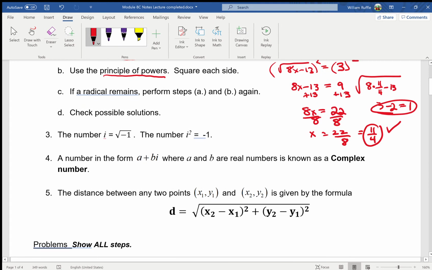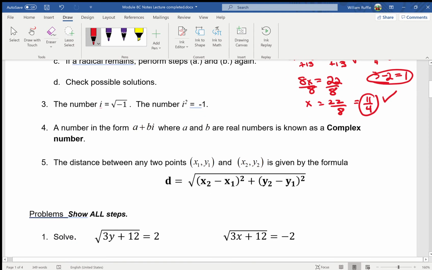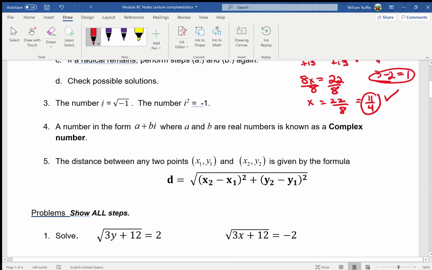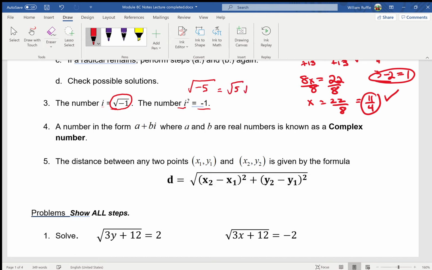Now, we're going to bring in i's. I mentioned this in the 8a lecture. But i is equal to the square root of -1. i squared is -1. So we're really going to learn how to do like the square root of -5. I'm going to split that into 5 times -1, which is really the square root of 5 times i.